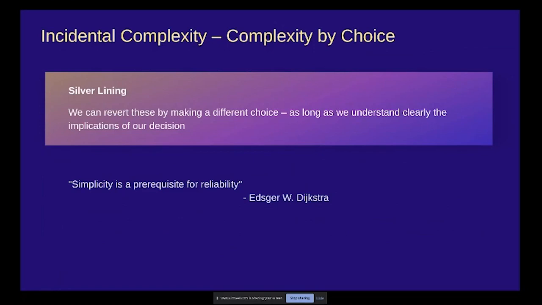If we understand clearly the implications of our decisions, we can revert and maybe choose something simpler. Like Dijkstra once put it, simplicity is a prerequisite for reliability. So maybe making that decision can build simpler, more reliable systems.